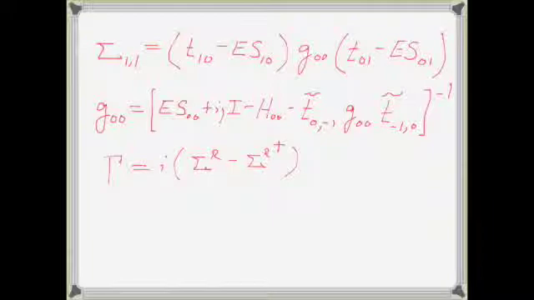The expression for your current, or transmission coefficient, still remains: gamma 11, G1n, gamma nn, Gn1, R A. That doesn't change. Okay, so that's all good.